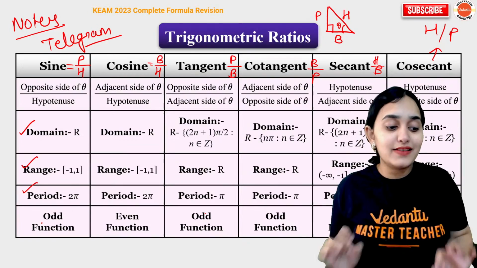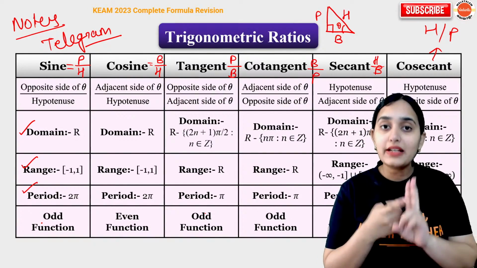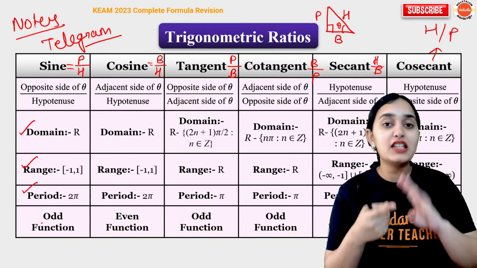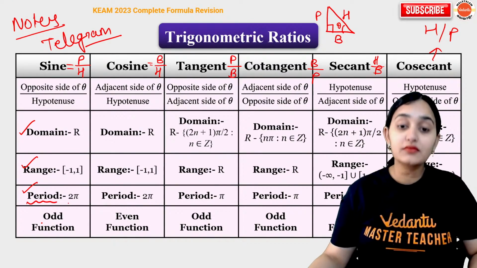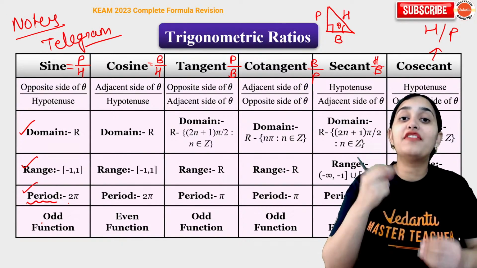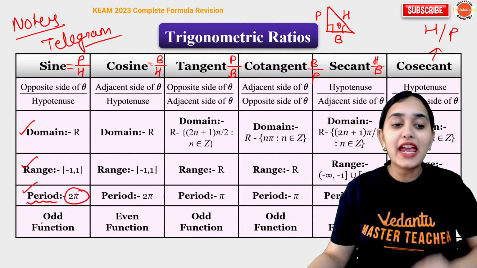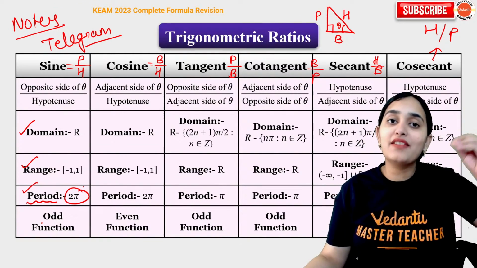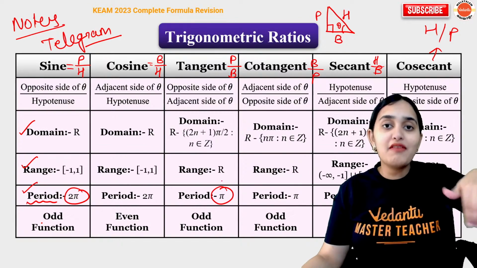Just look at this chart. It has everything. What is the domain? What is the range? What is the period? What do you understand by period? After the period, the value repeats. After every 2 pi, the sine value repeats. After every pi, the tan value repeats.